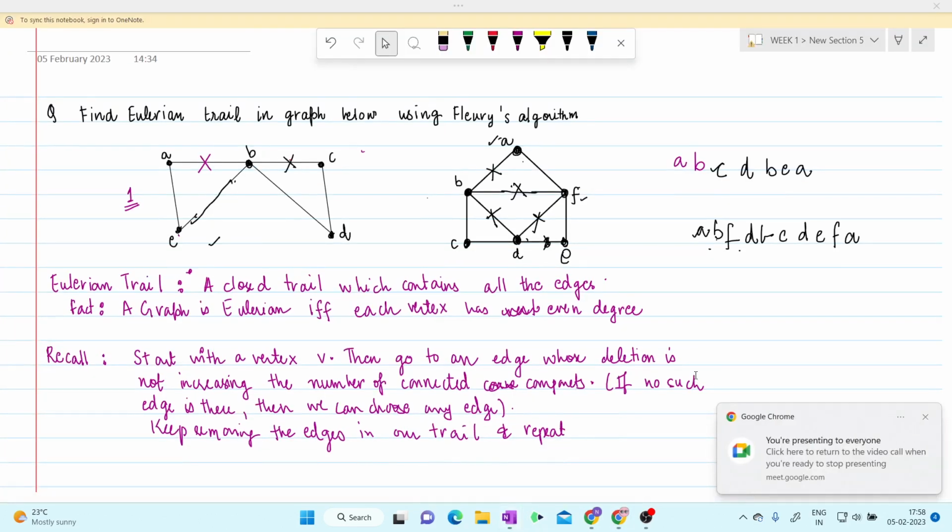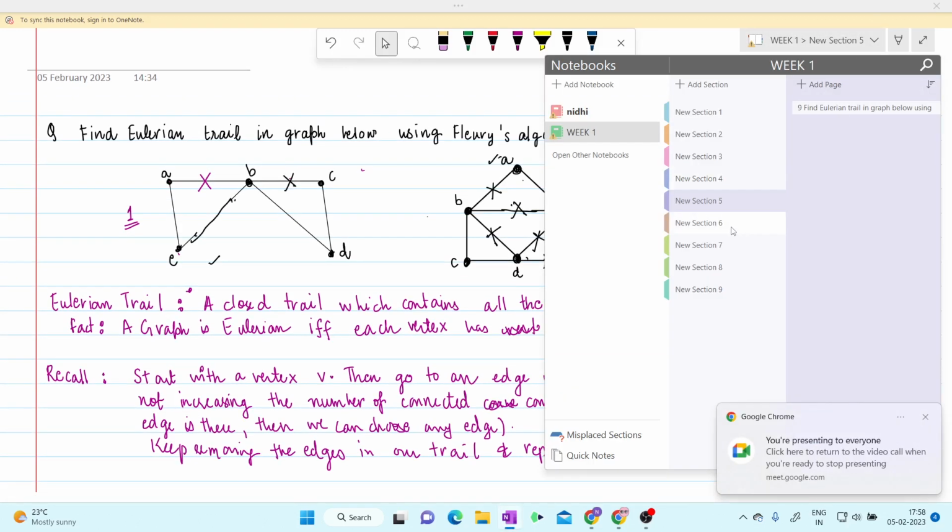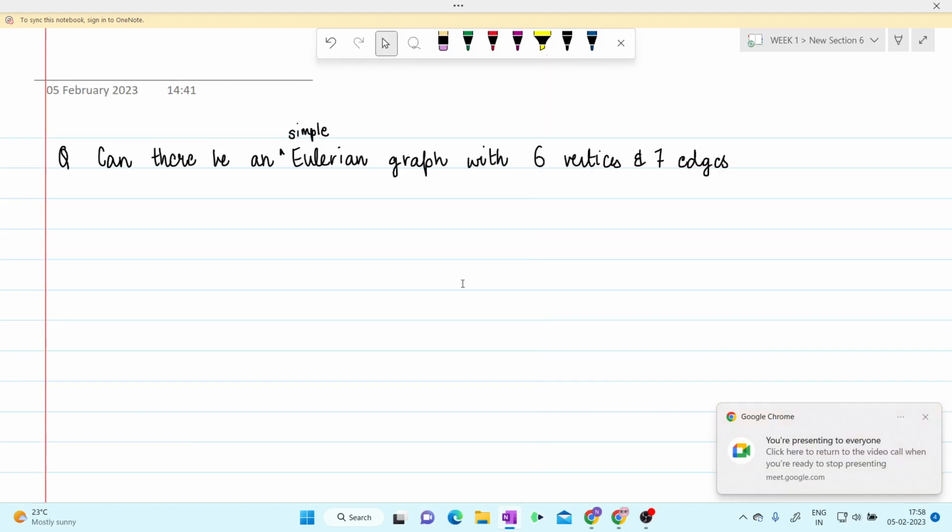Okay, so now the next problem. It is a question from your practice sheet: can there be a simple Eulerian graph with 6 vertices and 7 edges? Have you guys tried this question? Yes, ma'am.